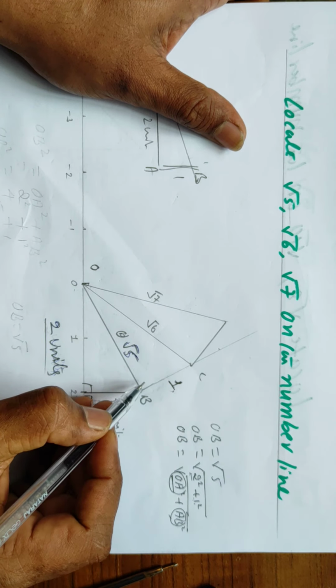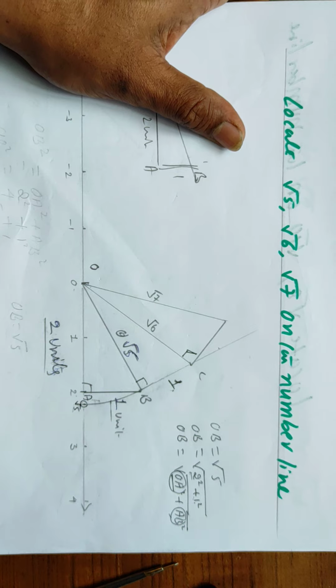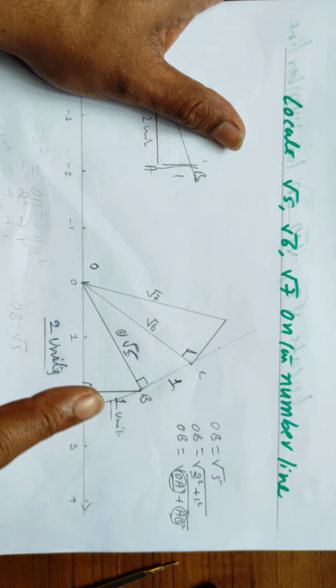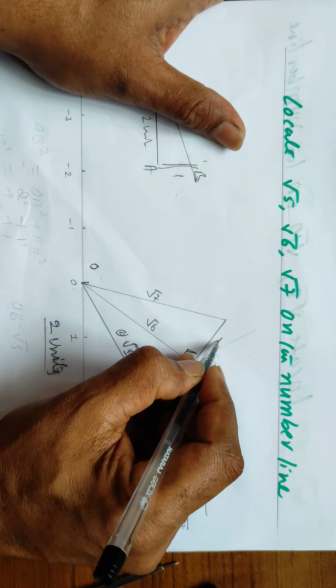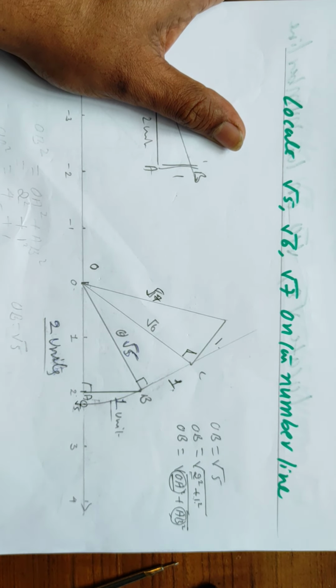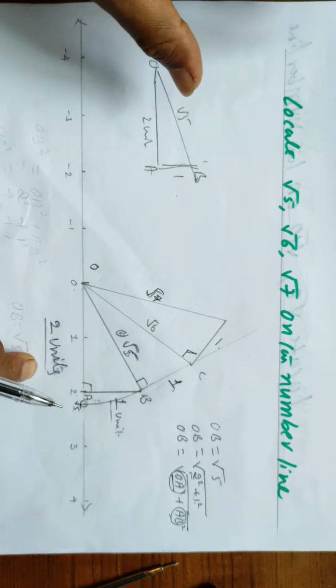And if you continue the same by constructing new right angle triangle with hypotenuse as base and the height as 1 unit, you will get other real numbers. Okay, so root 7. So in this way you can construct root 8 also.